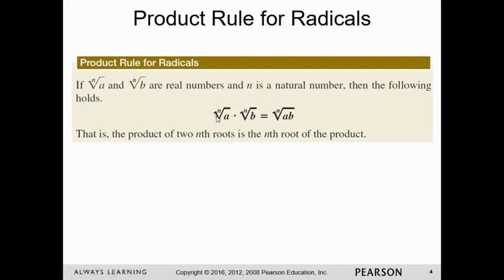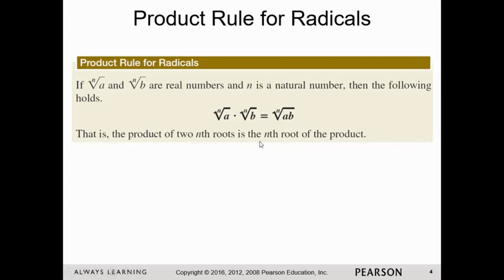So this is what this is saying here. We've got the nth root of a times the nth root of b equals the nth root of a times b. And here it is. So the product of two nth roots is the nth root of the product.